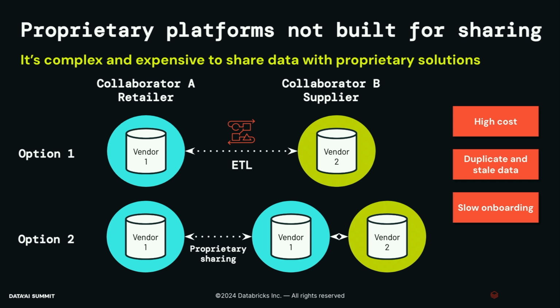And it doesn't really eliminate the need to move data around. It just happens on the supplier side instead of between the two parties. So as you can see, both options are complex and expensive, and they don't scale with the growth of your business. Just imagine if you have to repeat this process for many of your partners. It's a nightmare. That's why data often remains in silos and doesn't generate the value that it should have.